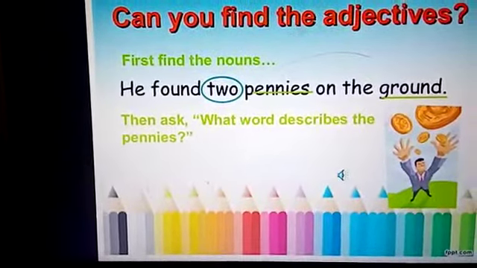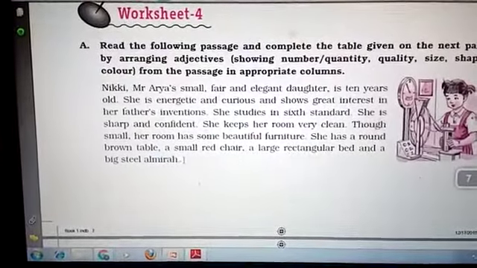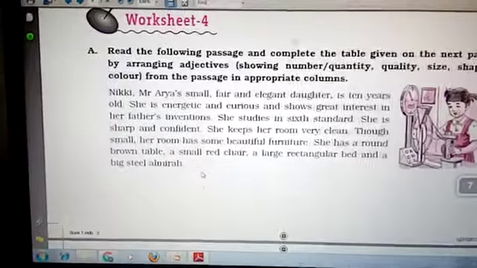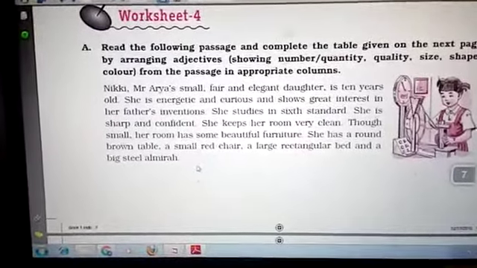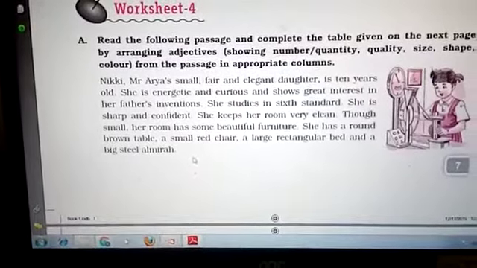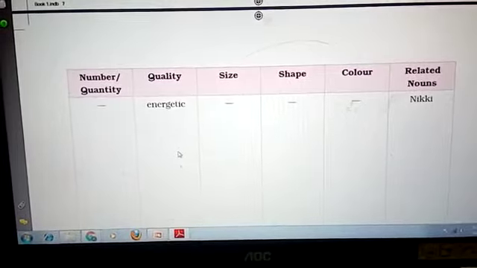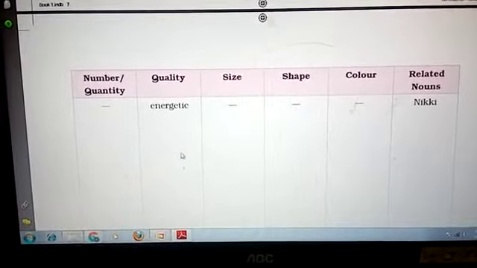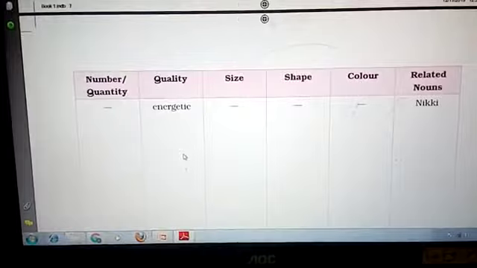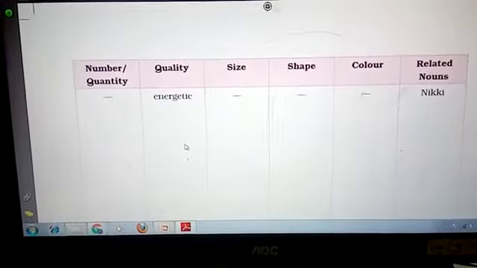Now back to worksheet number 4, in which one paragraph is given here and you have to find some adjectives which express the number, quality, quantity, size, shape, color, etc. Related nouns also.